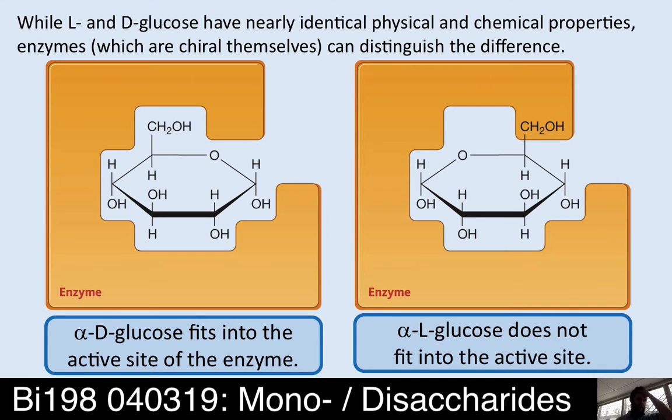So here's a depiction of an enzyme in orange here, and we see D-glucose fitting into the enzyme pocket. Whereas if we try to fit L-glucose in there, it's not going to at all. This hydroxyl group is out of place, this one's out of place, this is just ramming into the structure of the enzyme. That doesn't fit at all.